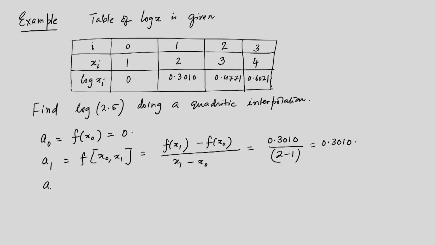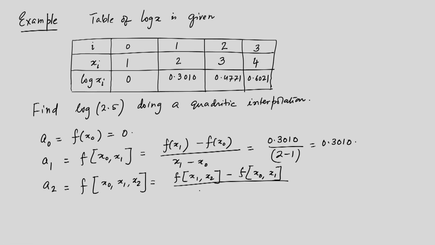All right. So, a 2 which is nothing but f x 0 x 1 x 2, we have f of x 1 x 2 minus f of x 0 x 1 divided by x 2 minus x 0, I am just following the definitions that have been given earlier. Now, f x 0 x 1 we have already calculated, which has the value 0.3010.